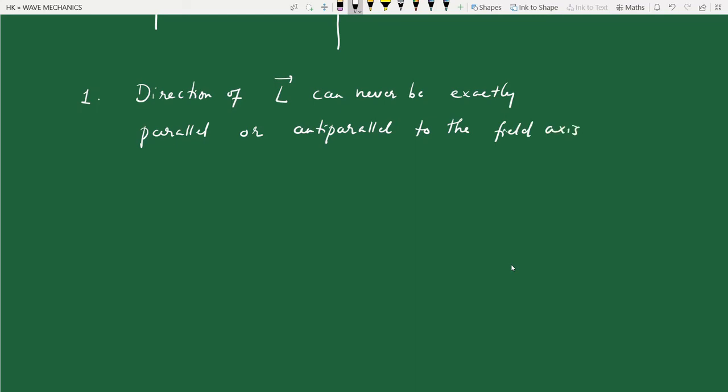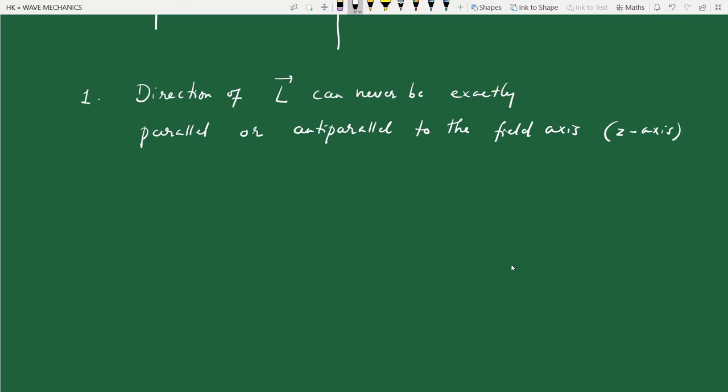This field axis is often conventionally chosen as the z axis. When I say field axis, I mean the axis of the magnetic field. So the direction of the angular momentum vector can never be exactly parallel or anti-parallel to the magnetic field axis.